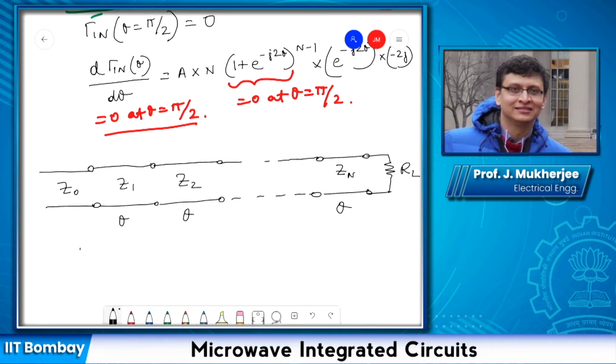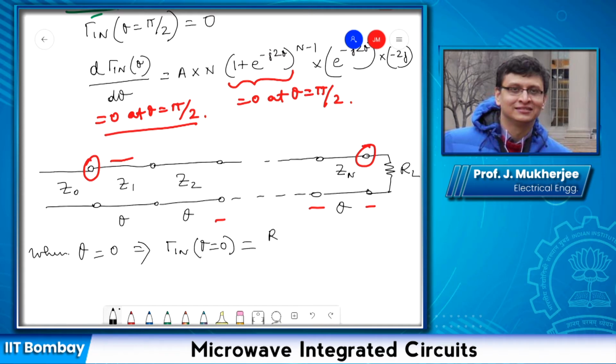But note that when theta equal to 0, what happens? The electrical length for all these transmission lines decreases to 0, and this point is directly connected to this point. So then this implies that gamma in at theta equal to 0. This I had already mentioned in the previous part.